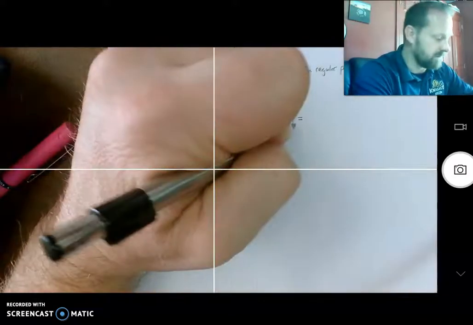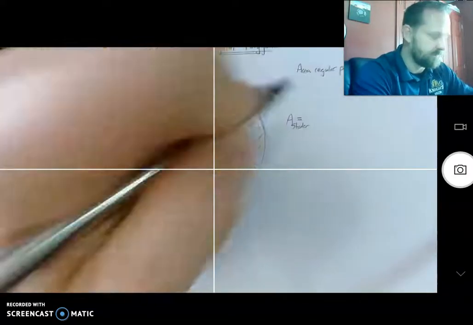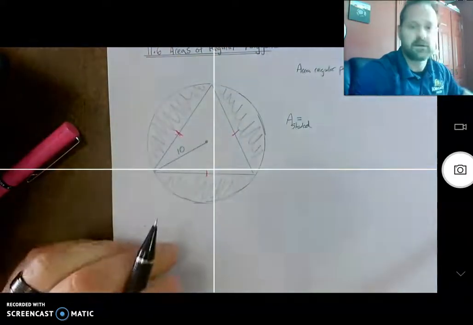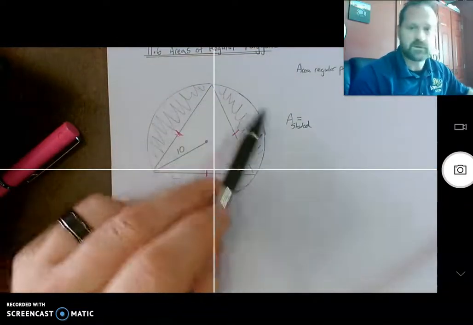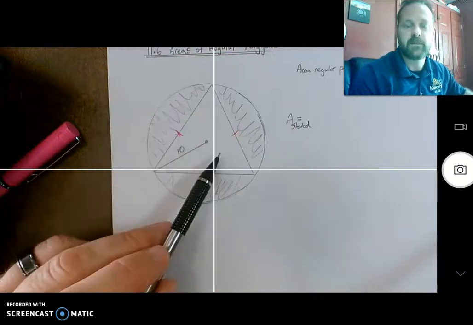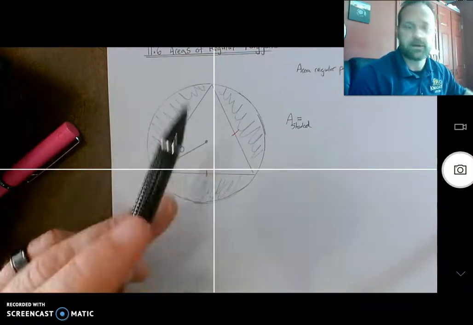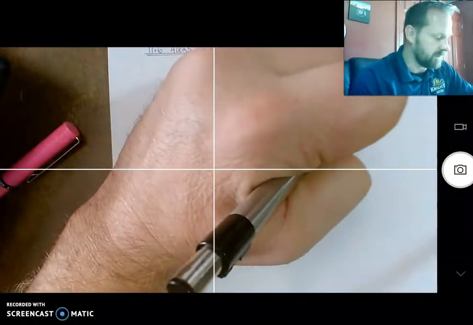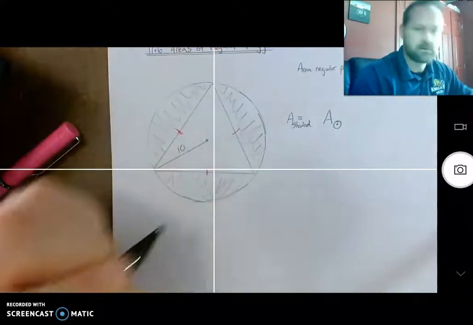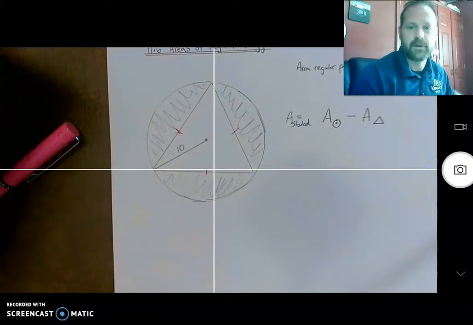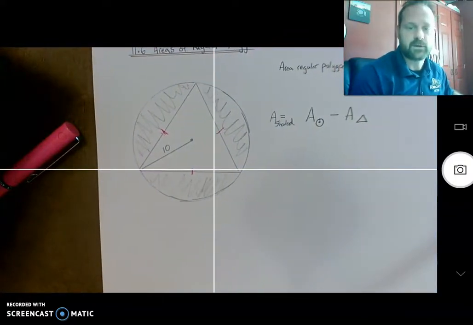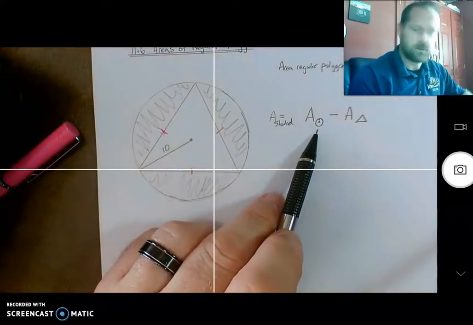Typically, the area shaded is going to be the area of the circle, which we just did, minus the area of the triangle. So area of the circle minus area of the triangle. All right, so we can do the circle.